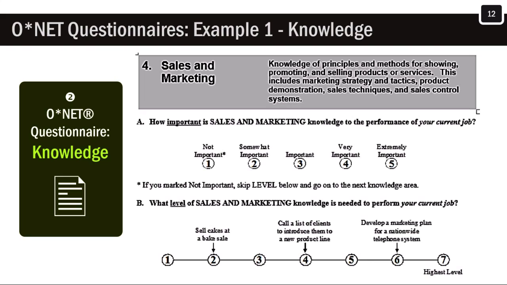And the other question asks about the level of knowledge required to perform the job, giving some examples towards this level. Here, for instance, a lowish level of sales and marketing knowledge is the knowledge that would be required to sell cakes at a bake sale. And the highest level of knowledge would require developing a marketing plan for a nationwide service.